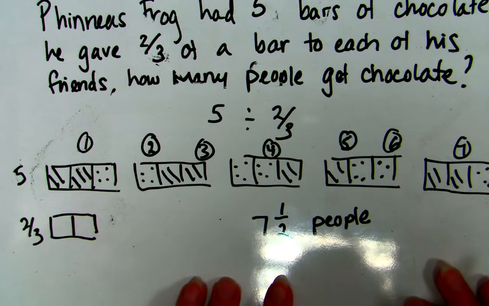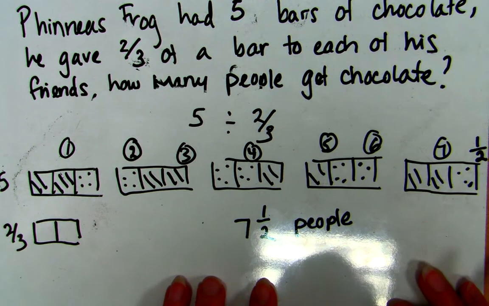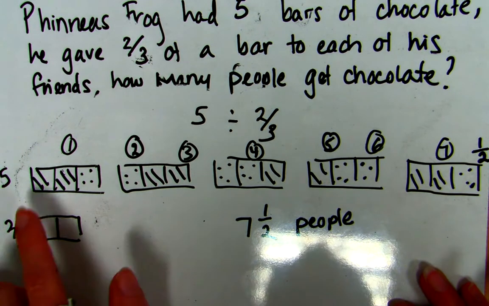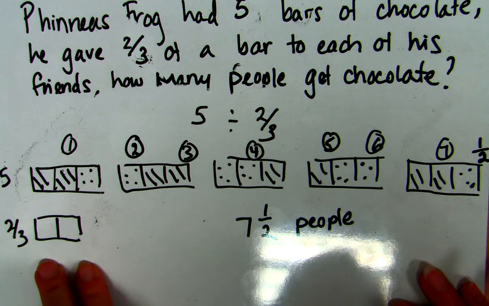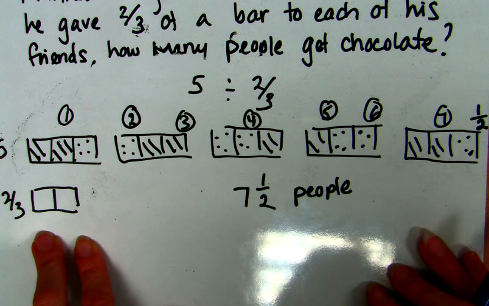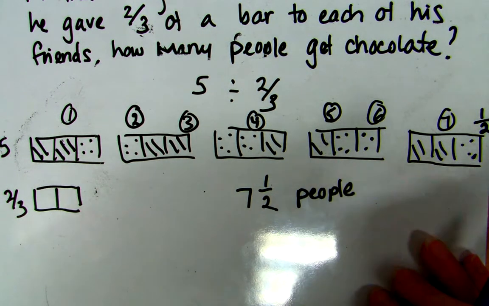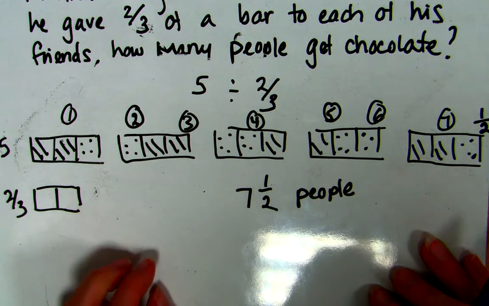So that's just some introduction to modeling with division of fractions, dividing a whole number by a fraction. We build our whole number, right? And we build our fraction, and we see how many groups of our fraction can fit into our whole. And the key place where people make mistakes here is they think, oh, well, I'm dealing with thirds all along up here because I broke everything into thirds. And that's true.